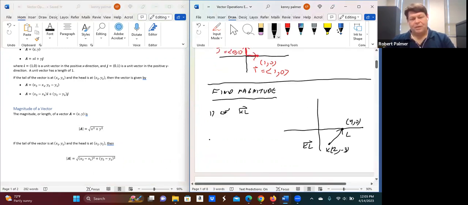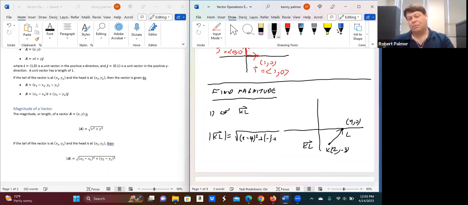And when we write the magnitude, we use the absolute value bars. So the magnitude of KL is going to be, since we're using the distance formula, the difference in our x's, so 2 minus 4, squared, plus the difference in our y's, negative 3 minus 0, squared.